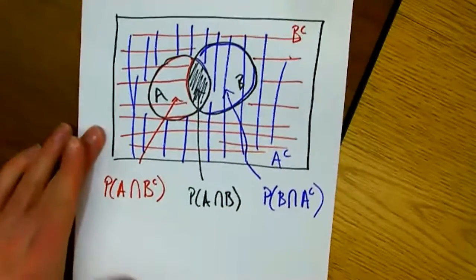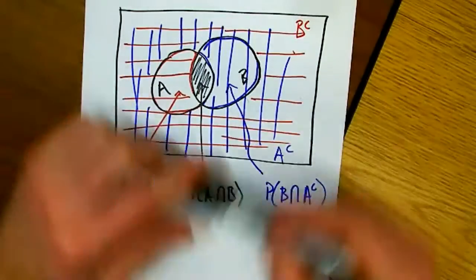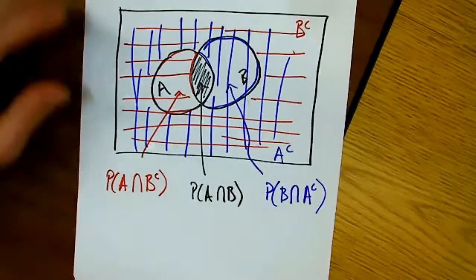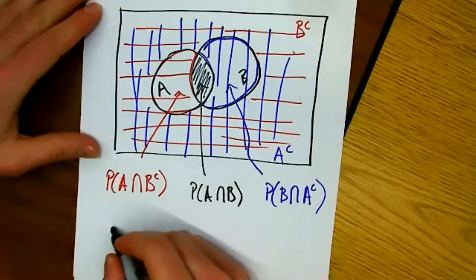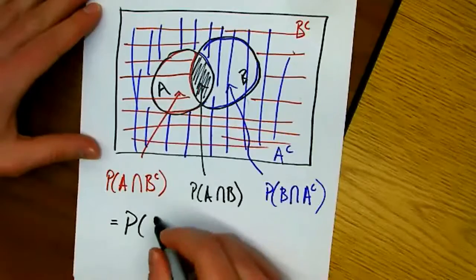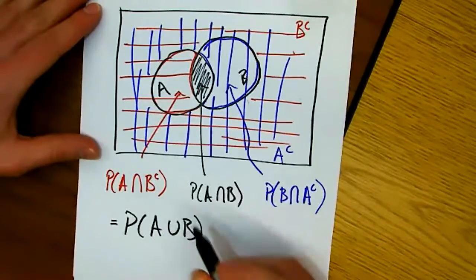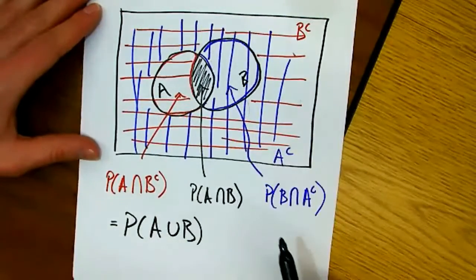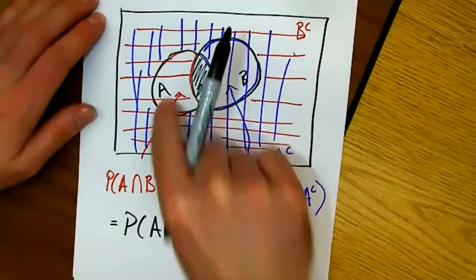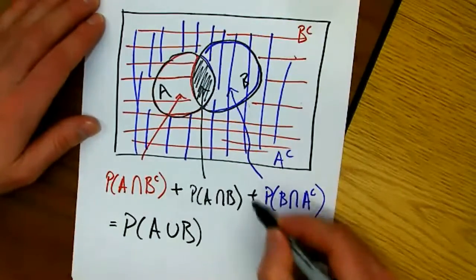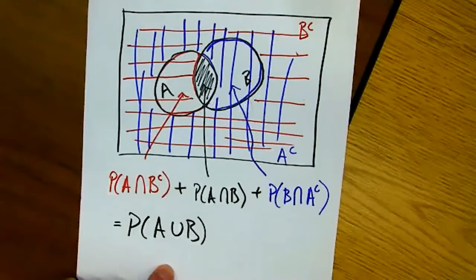So what does the area within either one of those circles represent? Well, that's what we were saying was the probability of A or B, right? I could be anywhere in this space. Well, I could break that down into these 3 components. So if I add these 3 together, I should get the union.